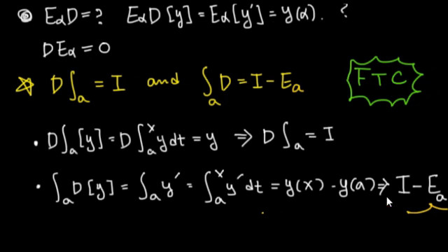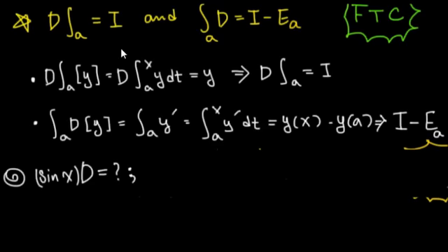So in operator algebra terms, if you put these two things in this order, it becomes the identity. If you put them in reversed order, then it becomes I minus the evaluation operator at a. So I moved things around a little bit.